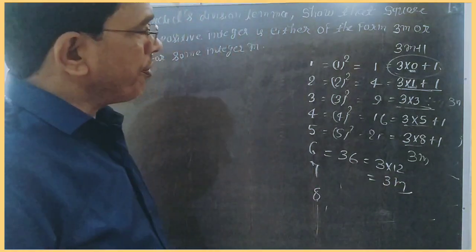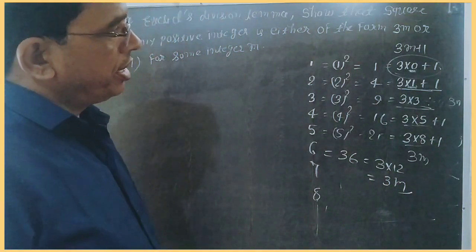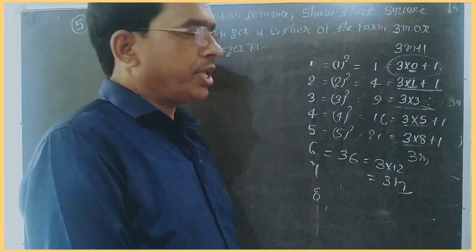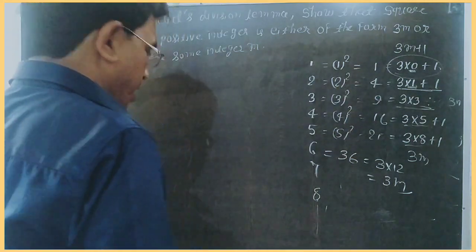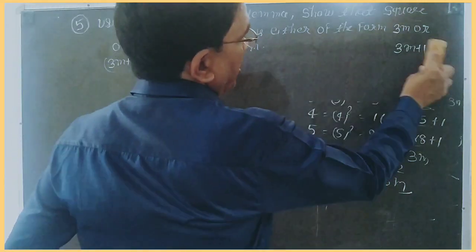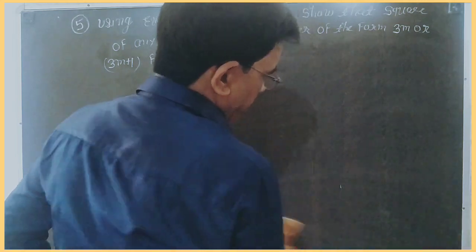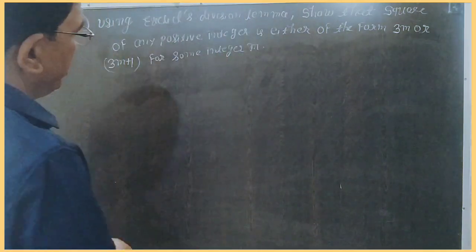So it is clear every square of the number we can write in the form of 3m or 3m plus 1. But by the theorem, how can you show the square of any positive integer is in the form of 3m or 3m plus 1?